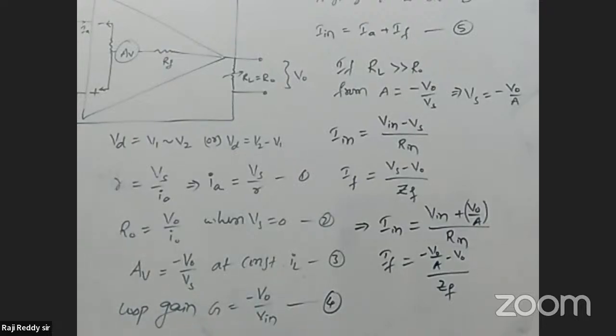Voltage gain A is equal to V naught by V in. From that, V in is equal to V naught by A. Here V in means input current times input resistance. Taking the internal resistance as small r, you can say R in is equal to small r.